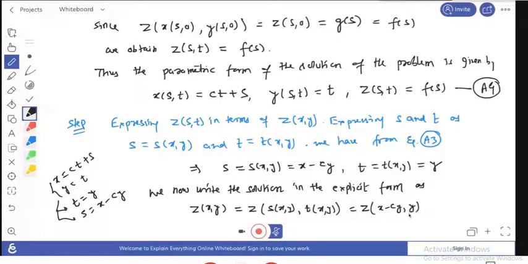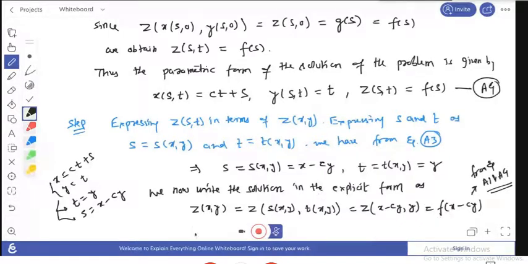Okay, and here what is z of st? Z of st is simply a function of s only. So from using A4, this is a function of only x minus cy, and this is your given function which is defined in the initial value problem. Okay, so the initial condition is given: z of x, 0 equals simply the function f of x here. Okay, so you get this from equation A1 and A4. By using those two equations, you can find this thing.